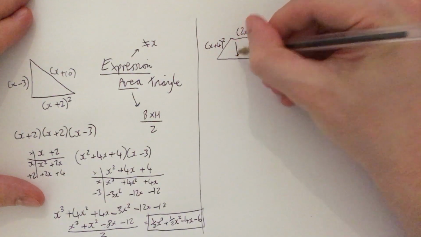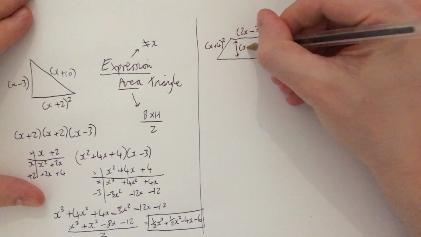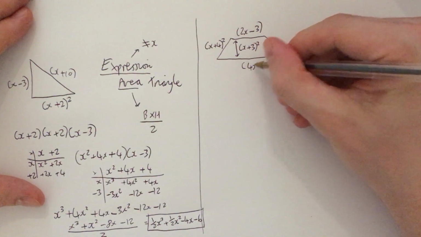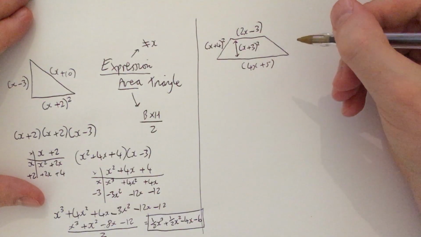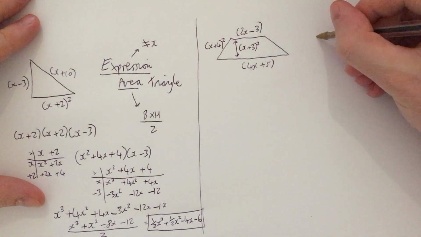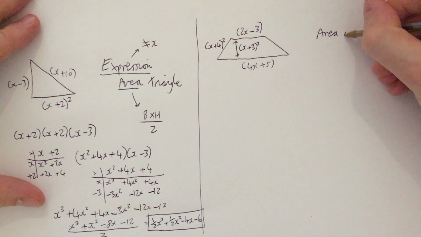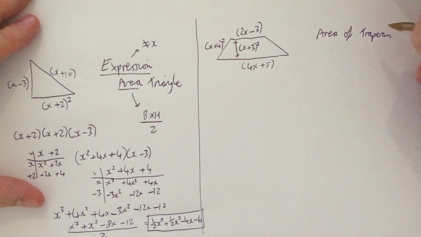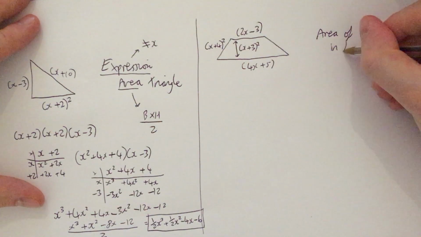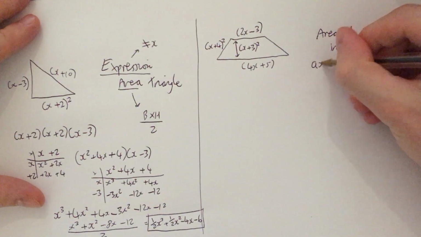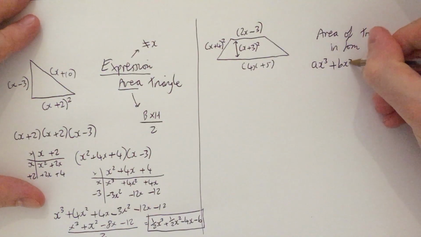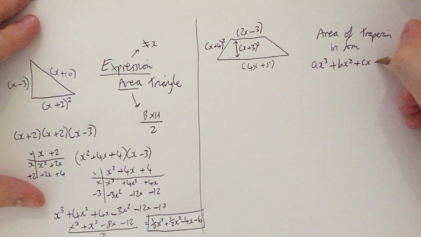They tell you that this here is x plus 3 squared. And they tell you that this here is 4x plus 5. Now they say they want the area of the trapezium in the form ax cubed plus bx squared plus cx plus d.